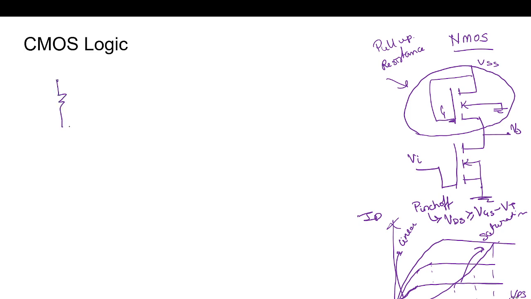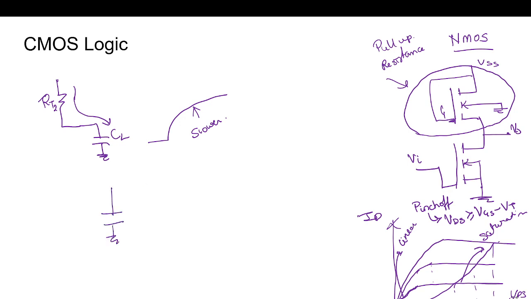Like we have this resistance which will be there in this charging part. So it is a slower process, and discharge is through this resistance which is in the on state.